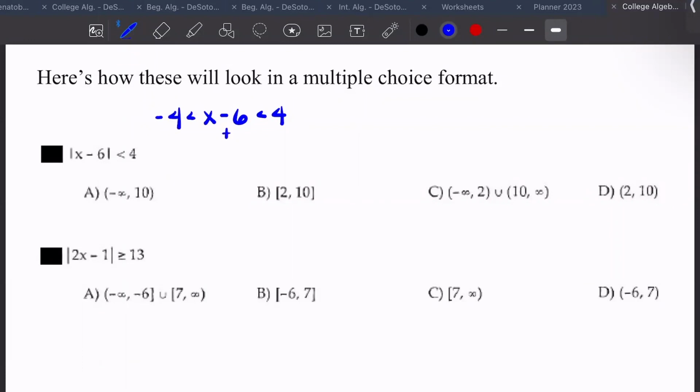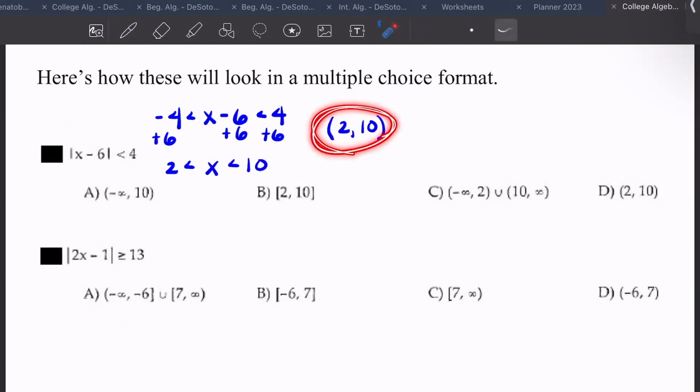And you would solve it and you would get 2 is less than x is less than 10. Then you would put it in interval notation and say that we're sandwiched in between these two. Whatever you get is what you would circle for your answer. So you would get D for this one.